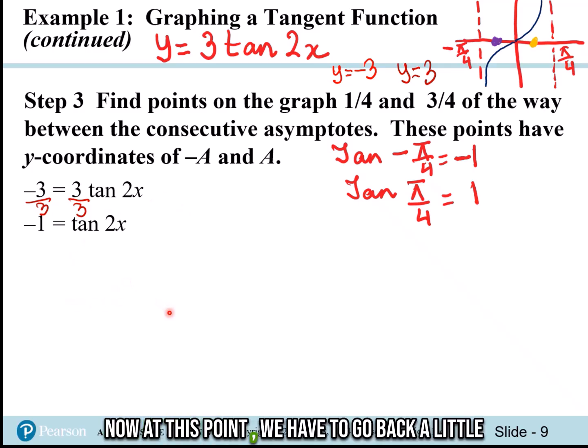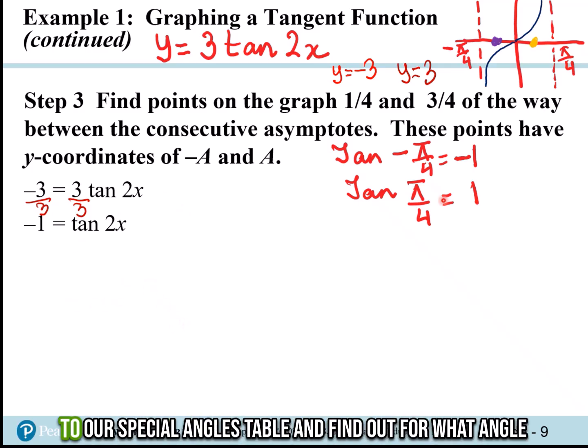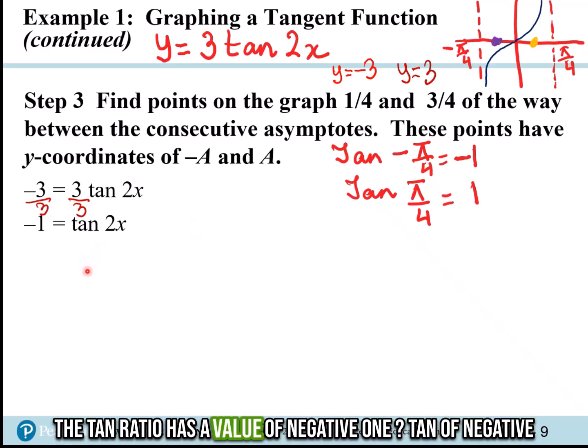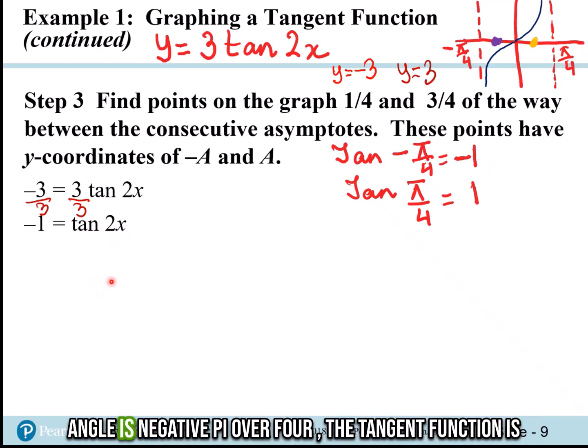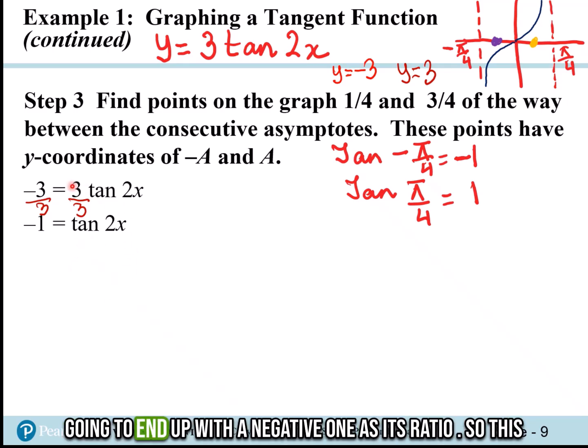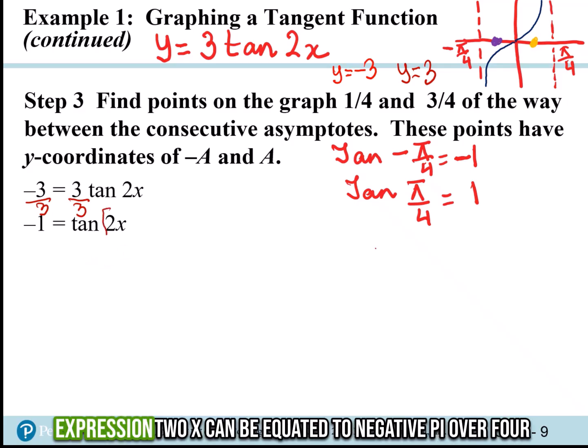Now at this point, we have to go back a little to our special angles table and find out for what angle the tan ratio has a value of -1. Tan of negative pi over 4 equals -1, correct? Whenever the angle is negative pi over 4, the tangent function is going to end up with a -1 as its ratio. So this expression 2x can be equated to negative pi over 4.